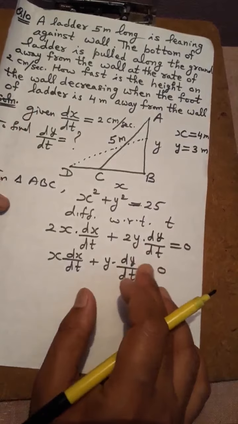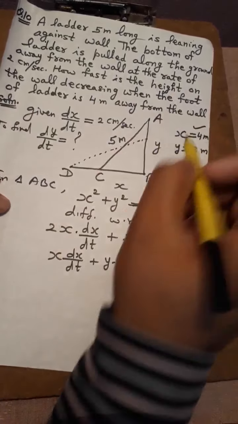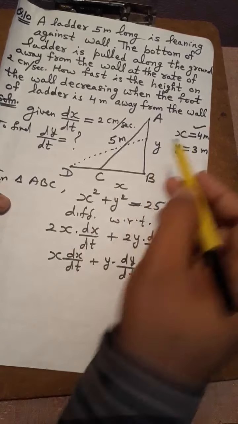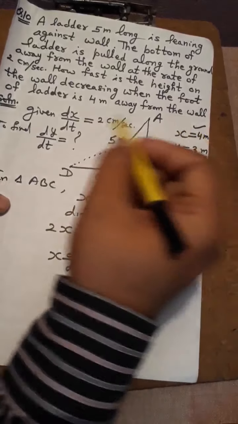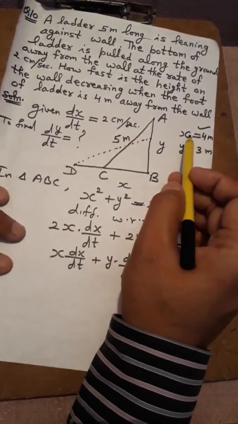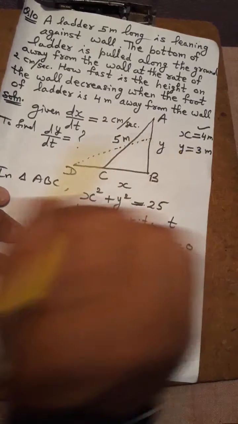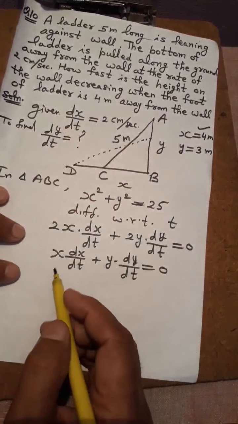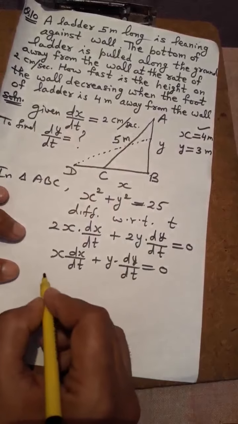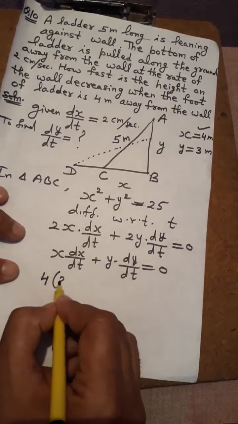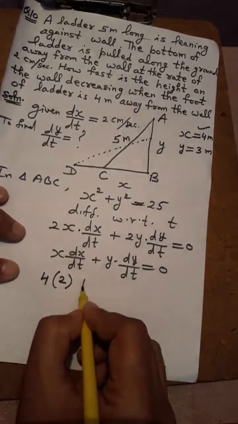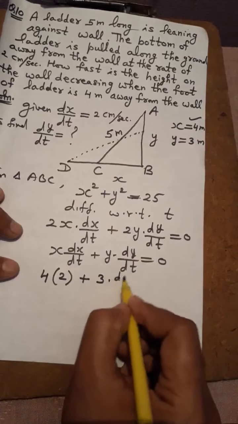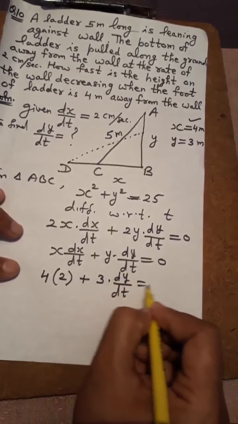So put all the values here. The value of x is 4, the value of y is 3, and dx by dt is 2. In this equation we have x means 4, dx by dt means 2, plus y means 3, and dy by dt you have to find, right?